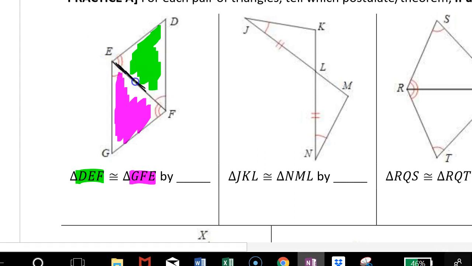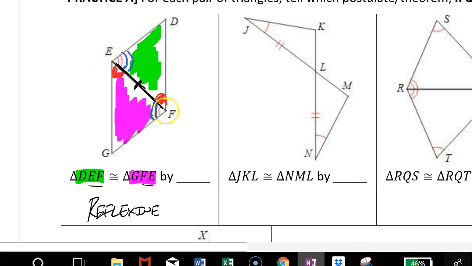They share a common side, so right off the bat, I know that the side is congruent to itself. EF is congruent to EF. This is by the reflexive property. I'm also given that angle E is congruent to angle F via the diagram, and we're also given that DEF is congruent to GFE, the other angle, via the diagram.